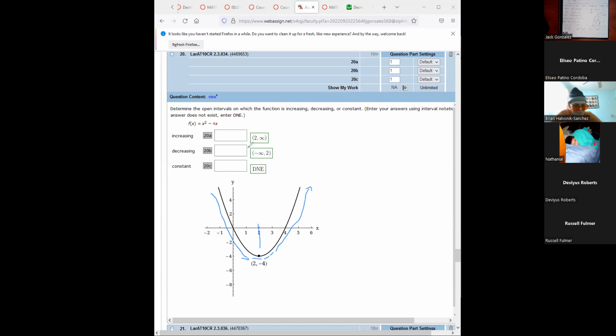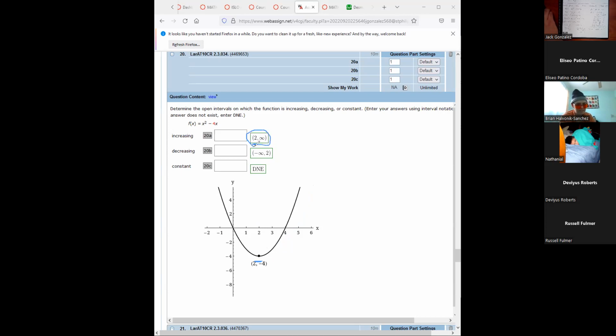Why do we use the parentheses instead of the bracket if it has a point and the point is filled? Yeah, that's what I was talking about earlier. At this location right here, the function is constant. It's not increasing or decreasing. We're increasing right after. We're decreasing right before. But right there, it's neither. It is constant. So we have after 2 till infinity, we are increasing.